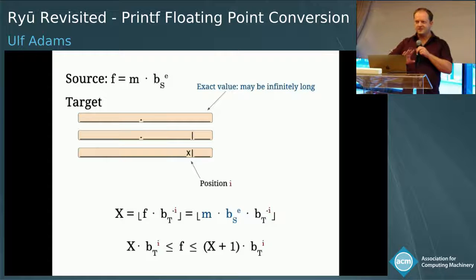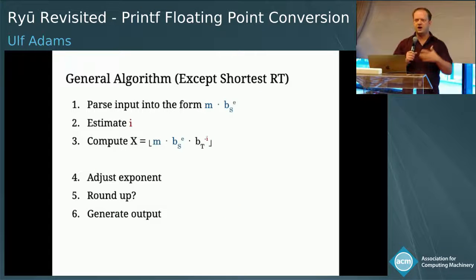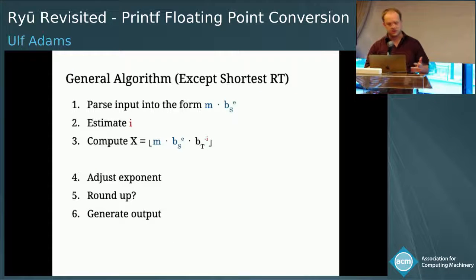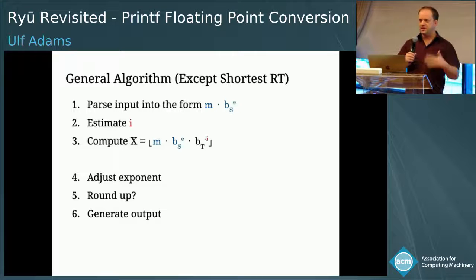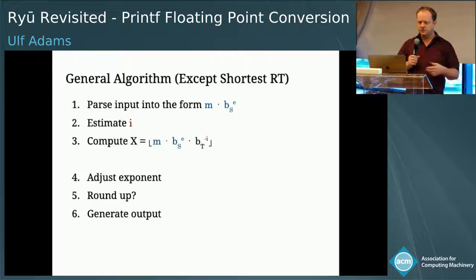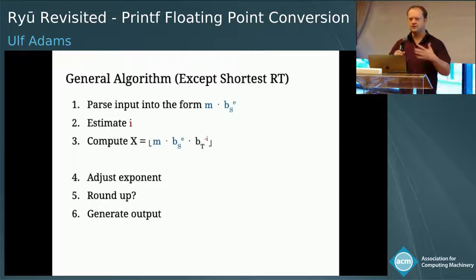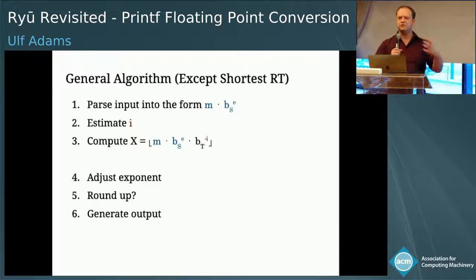So this is basically all the math you need in order to describe the general algorithm for floating point conversion. As I said, we take the number, we parse it into the form where we have a mantissa and an exponent, both integers. Then we have to estimate I. Now, this depends on the output format that we want to generate. In some formats, the output format says what I is.